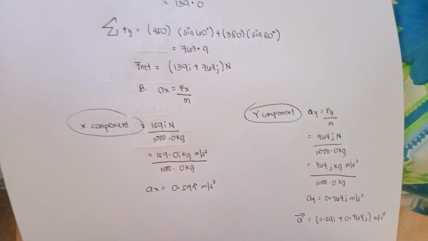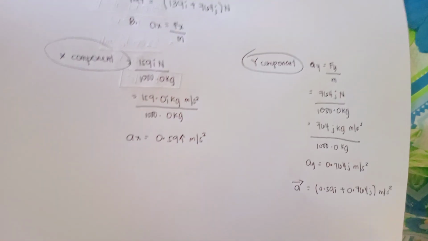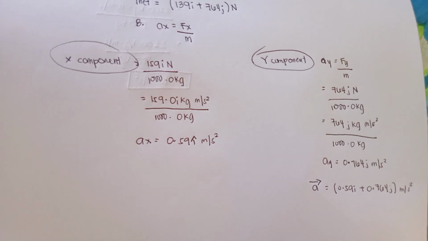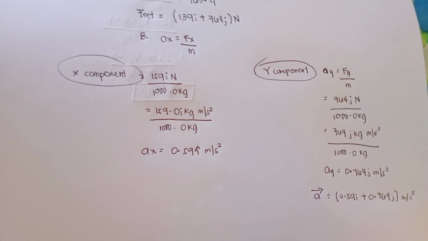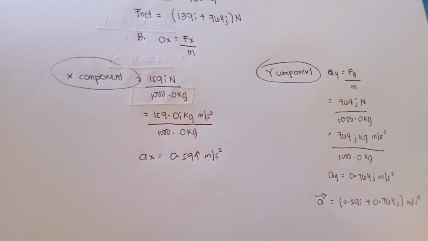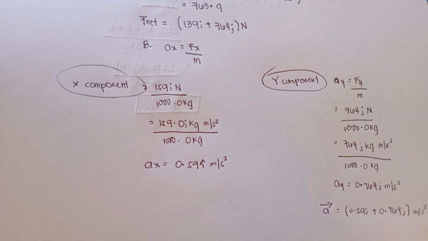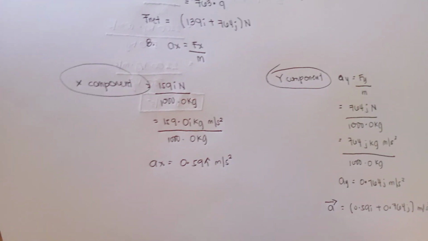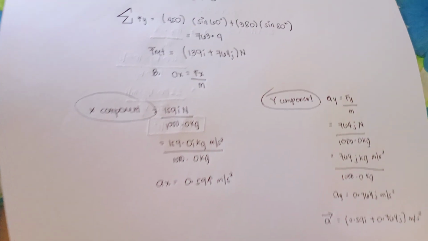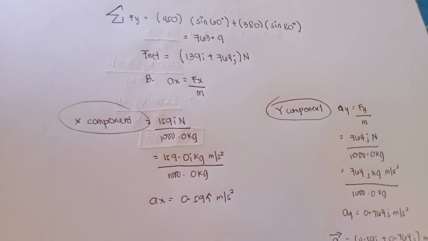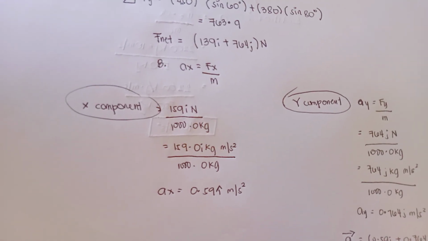B, Ax equals Fx over M. For the x component, 159 i newtons over 1,000.0 kilogram equals 159.0 i kilogram meter per second squared over 1,000.0 kilogram. Ax, for the x component, is 0.59 meters per second squared.